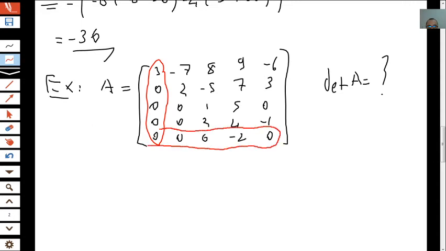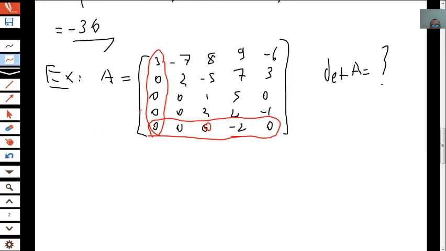We have a single non-zero number, which is minus 2. You can use any of them to find the determinant. I think we can use the first column. According to the first column, the non-zero number is 3, which means that we don't need to write the terms corresponding to the entries which are zeros.